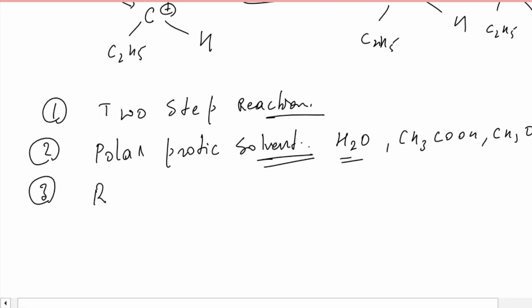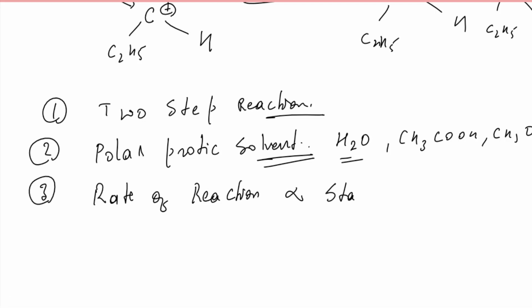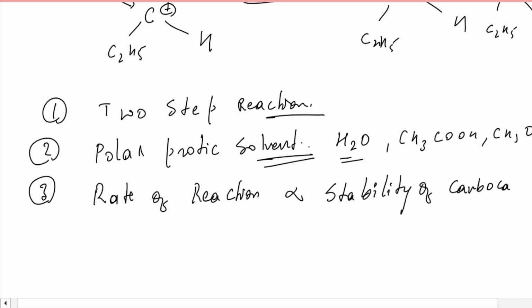Third one is the rate of the reaction is directly proportional to stability of carbocation. Since the rate of reaction is directly proportional to stability of carbocation, tertiary carbocation will be most stable, then secondary, and then primary.